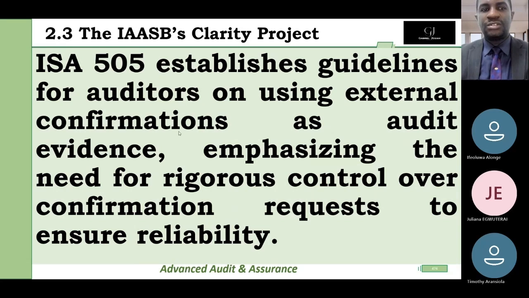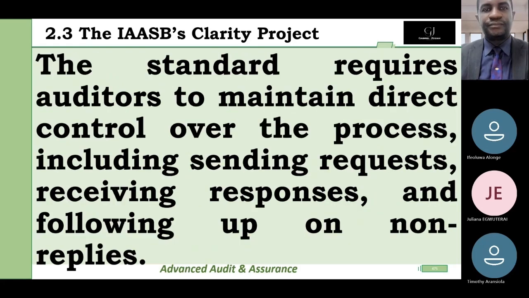So external confirmation is very important to facilitate validating requests from external organizations dealing with that entity. So this standard requires auditors to maintain direct control over the process. So you don't ask the auditee to confirm balances or account balances. You confirm by yourself. So for example, you have a Zenith Bank account, you're going to confirm that transaction.